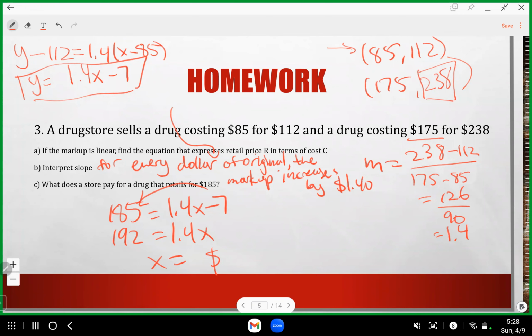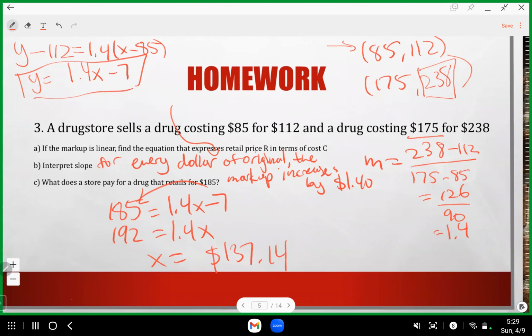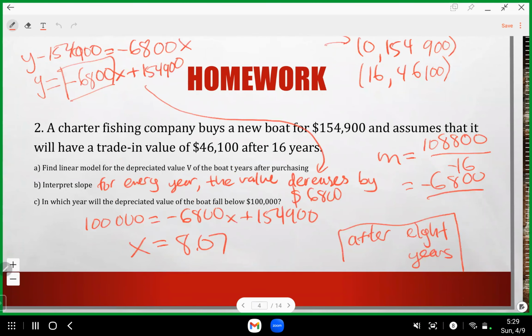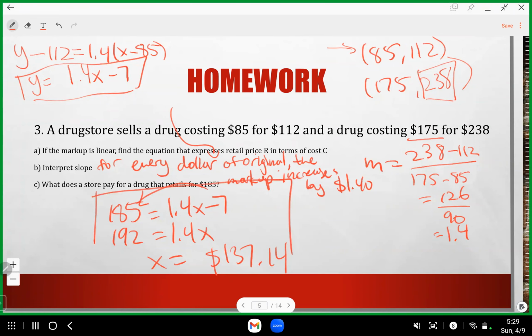We're talking not about the original. I see. Okay. Yeah, so that is correct. It is $137.14. Okay, so that's basically the linear modeling. You need to learn how to interpret the slope in real life situations, and then also use the equation that you derived to solve similar problems like this.